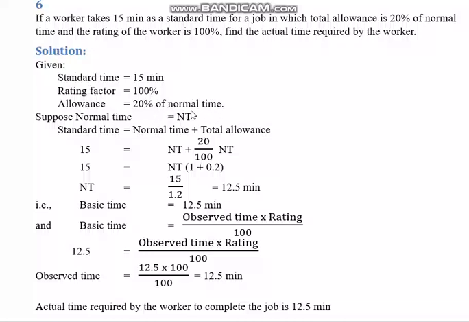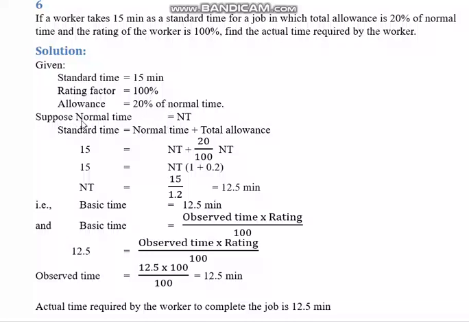Don't get confused: basic time and normal time are the same thing. Some people call it normal time, some people call it basic time. We have only three different types of times here: observed time, basic time, and standard time. The basic time is also called normal time.